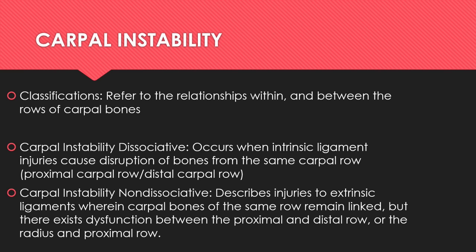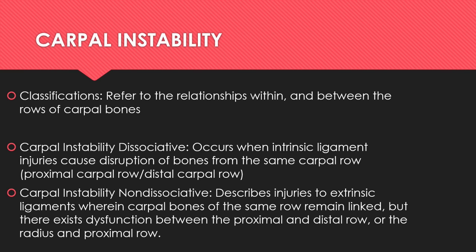With non-dissociative carpal instability, this describes injury to the extrinsic ligaments, wherein carpal bones of the same carpal row remain anatomically linked, but there exists dysfunction between the proximal and the distal row of carpal bones, or between the distal radio-ulnar joint and the proximal row of carpal bones.